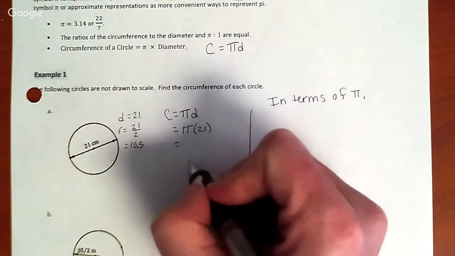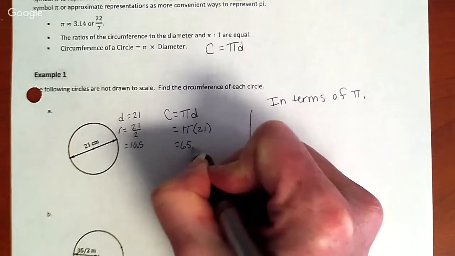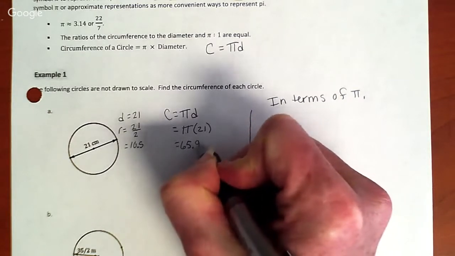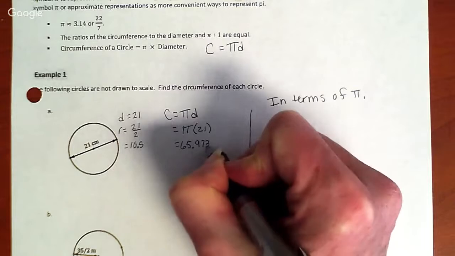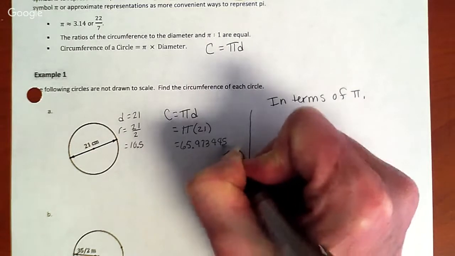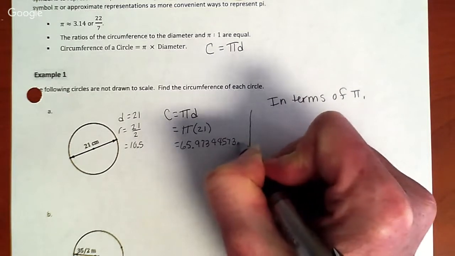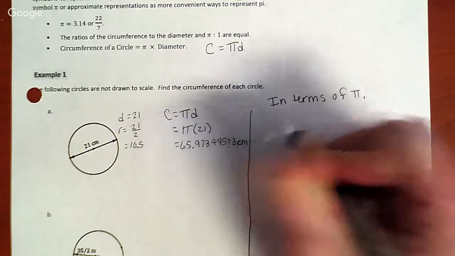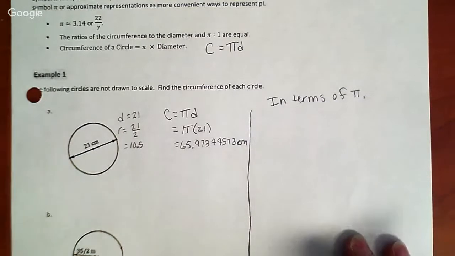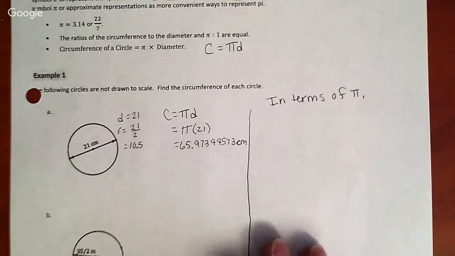When I multiply that together, we should get 65.97344573, and we always label it with whatever the label is, and in this case it's centimeters.